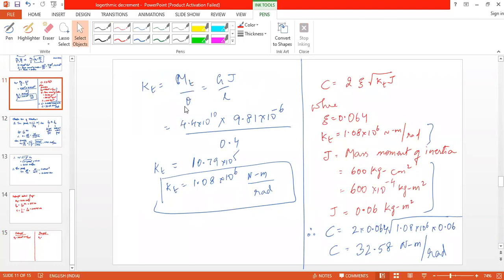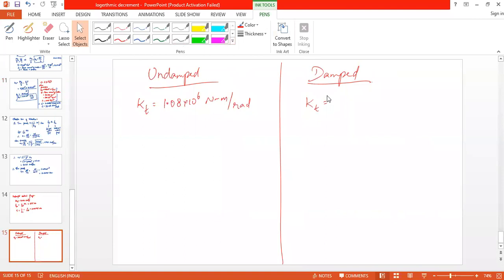Torsional stiffness is nothing but torque required for unit deflection per meter length. So it is dependent on Gj by L. G is the metal property and J is the polar moment of inertia. That is dependent on the cross section, and L is the length. So the value of Kt is same in both the cases.